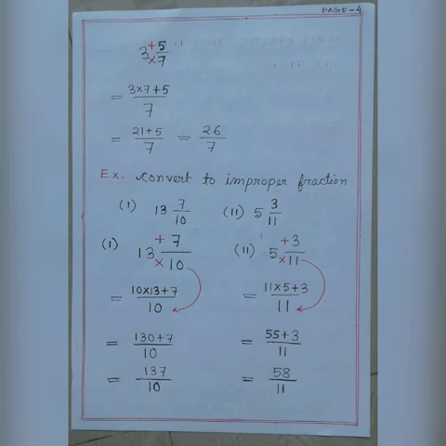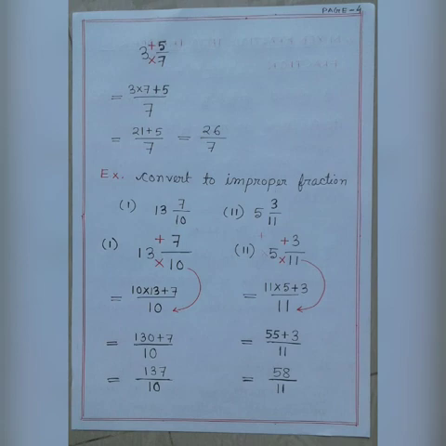Example, convert to improper fraction. Number 1, 13 and 7 by 10. So we have to multiply 13 by the denominator 10, then add 7. If I multiply 13 by 10, I get 130 and plus 7 is 137 and the denominator is 10.